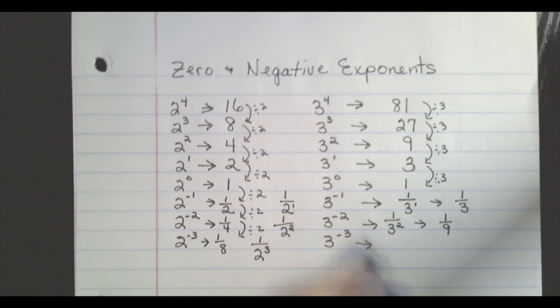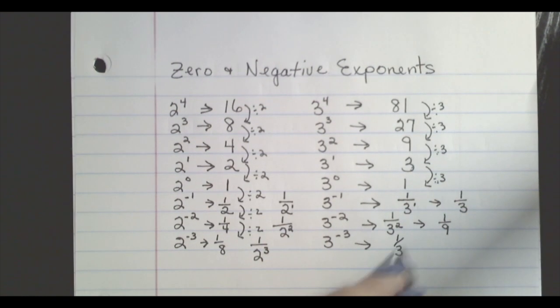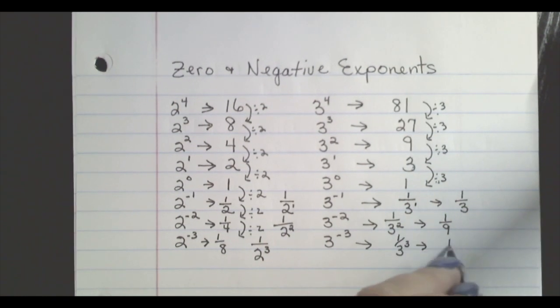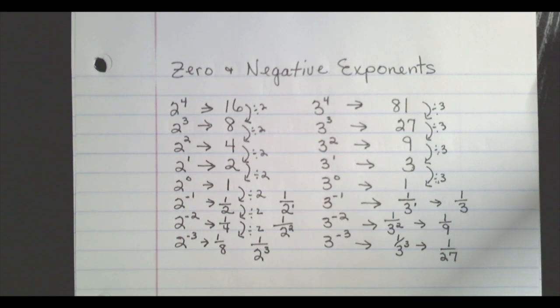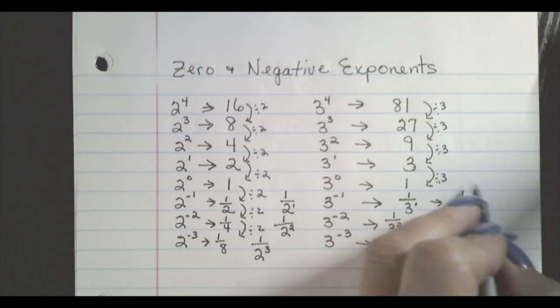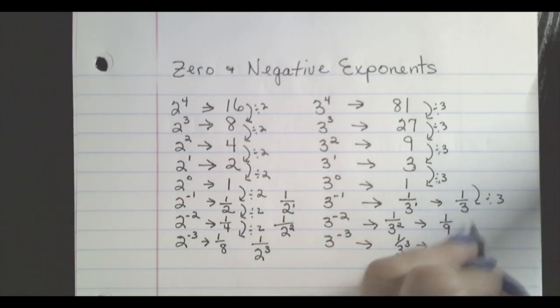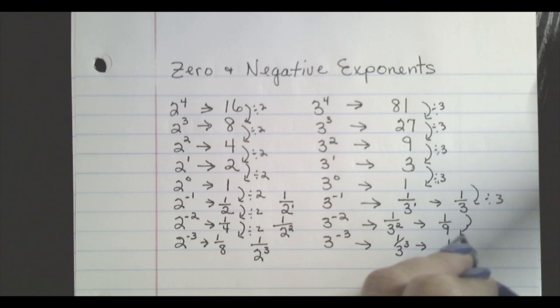And 3 to the negative 3 would be 1 over 3 to the positive 3, which is 1 over 27. And again, we are dividing by 3 all the way down the table.